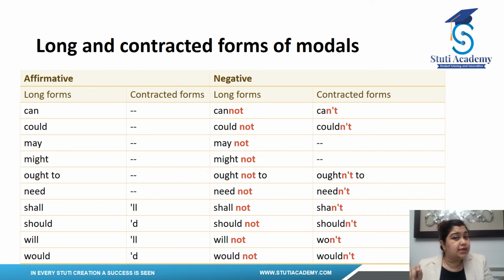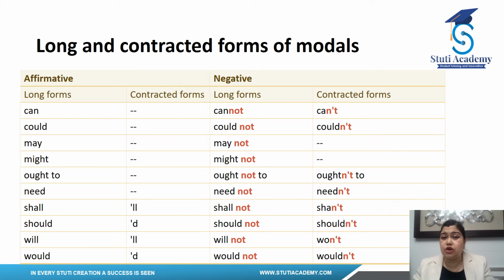Might also has no contracted forms in the affirmative. And for negative, you have might not with no contracted forms. So may and might are the two modal verbs which do not have contracted forms, neither in the affirmative nor in your negative forms.